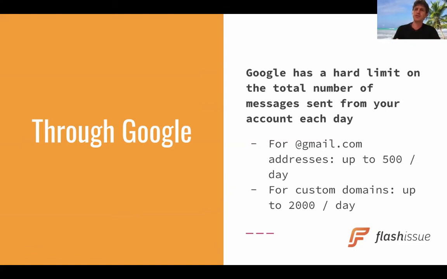So that means that if you use Flashissue with a gmail.com address and you want to send a newsletter to a list that has more than 500 recipients, and to be honest, probably even a bit less than that, we can't send it through Google because at some point Google is going to tell us, I'm sorry, this person sends too many emails from his account or her account, they have to wait.